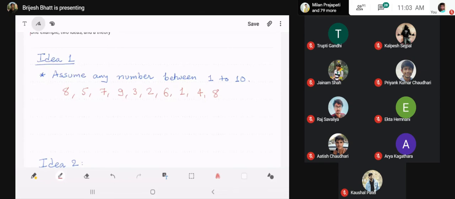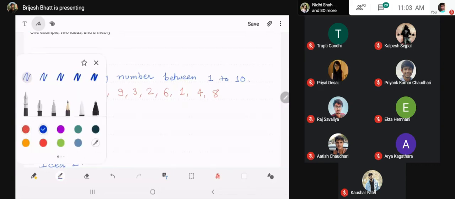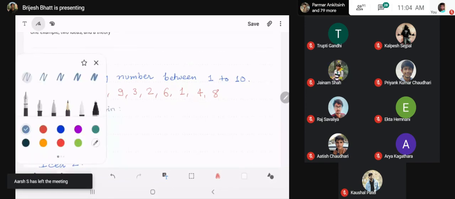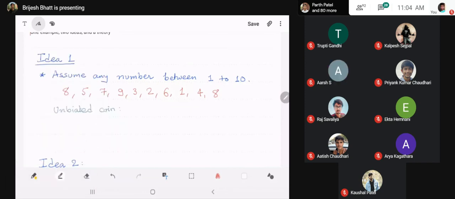And now let me tell you why I asked you for this. So now let's say we are talking about an unbiased coin or a fair coin. And we all know the probability attached with an unbiased coin, right?